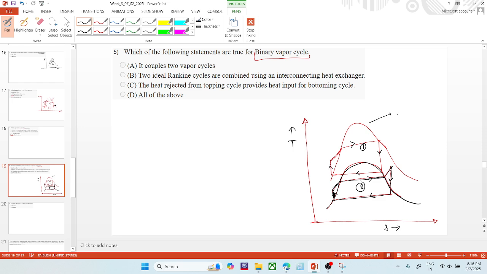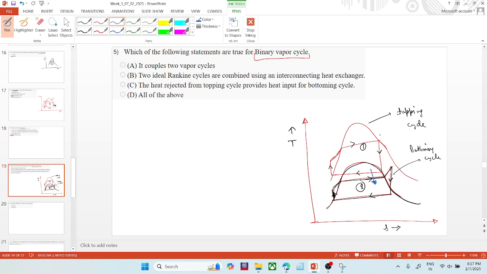This is called the topping cycle, and this one is the bottoming cycle. What happens in the binary cycle is that the heat rejected here acts as the heat supply to the bottoming cycle.